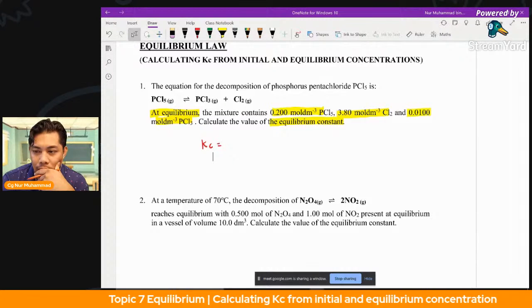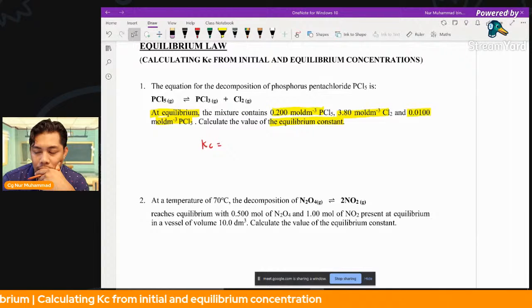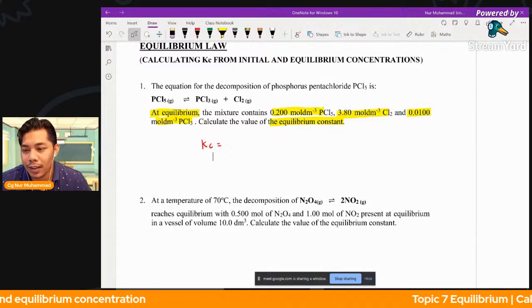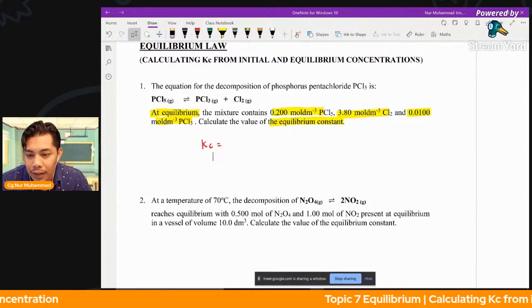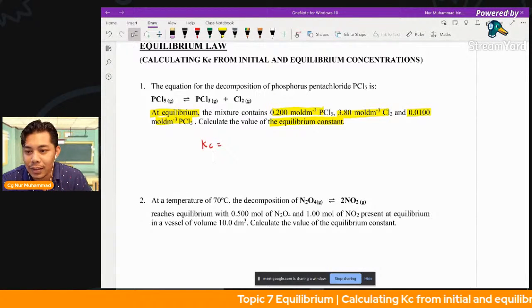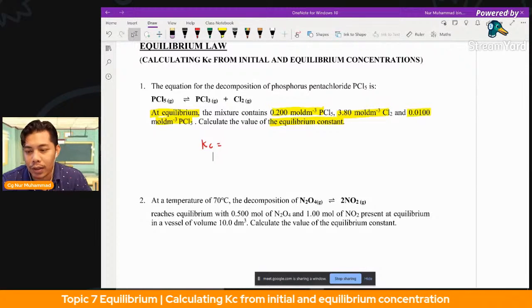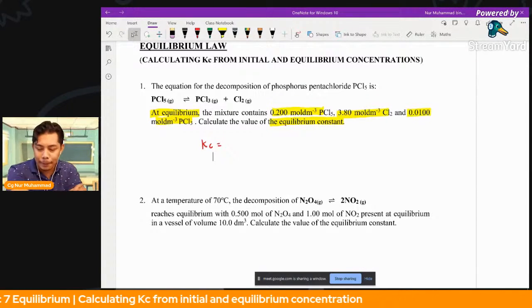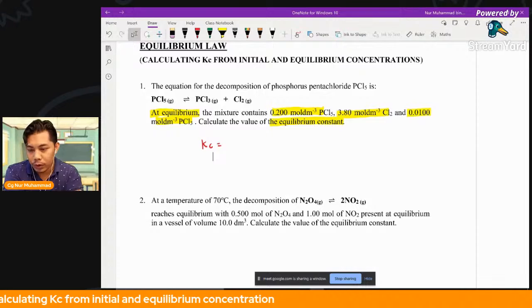Tiba-tiba nama dia hilang daripada list ni. Terputus kot. Saya pilih orang lain, Batrisha, what is the formula for Kc here?